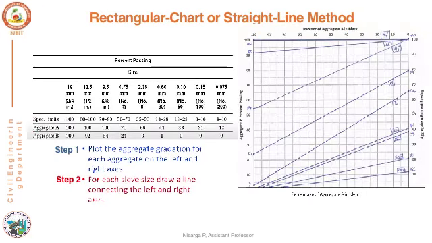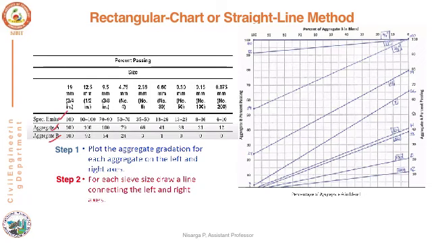Now let us start. First, we need to plot all these things on a graph sheet. We have to plot the gradation of aggregate A, the gradation of aggregate B, as well as the specified limit on a graph sheet. To start, we consider a normal graph, a rectangle, to obtain the aggregate blending using the rectangular chart method.